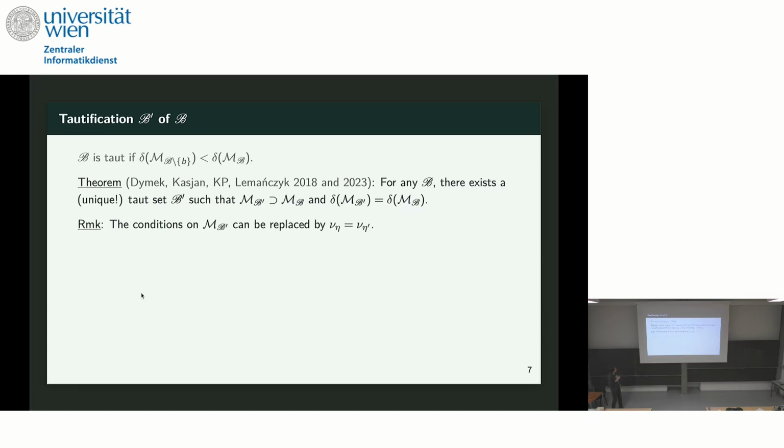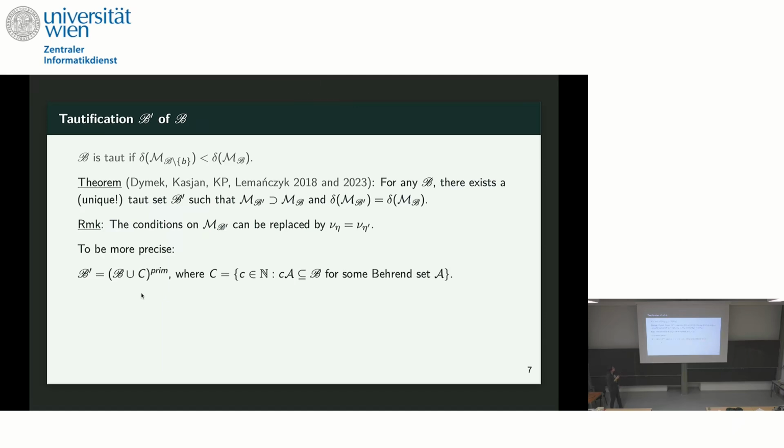And there is the following result. So for any B, there exists a unique taut set B prime such that there is this inclusion between the corresponding sets of multiples and the logarithmic densities will agree. And actually the conditions on the set of multiples of this taut set can be replaced by the condition on the Mirsky measures.